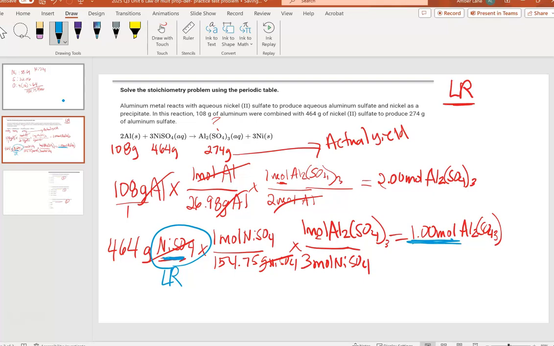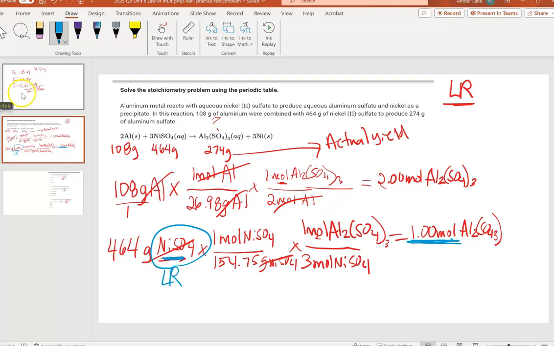So now the next question I'm going to answer is my theoretical yield. I don't want to do anything with this equation up here because this is saying that it's producing more than it really would, because as soon as the limiting reactant runs out, then the reaction stops. So we're not going to do anything with this equation up here, but we are going to continue our conversion right here. I'm going to convert moles of aluminum sulfate to grams of aluminum sulfate.